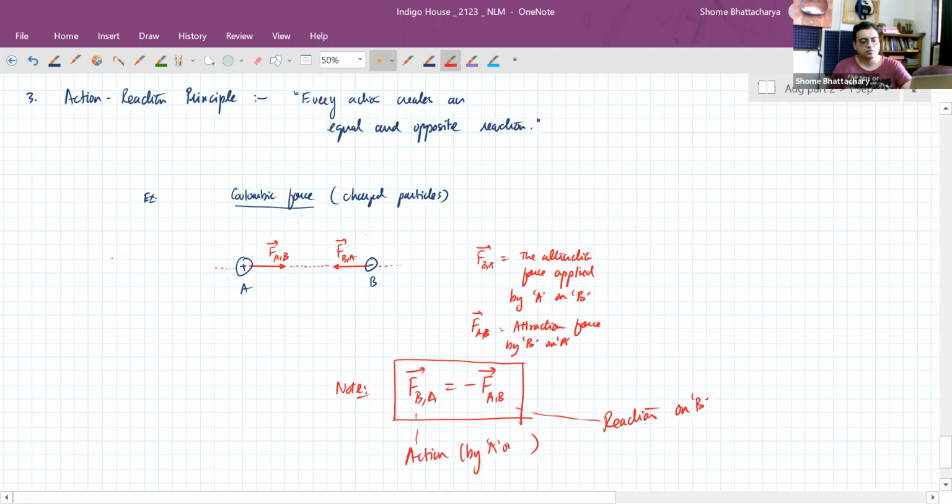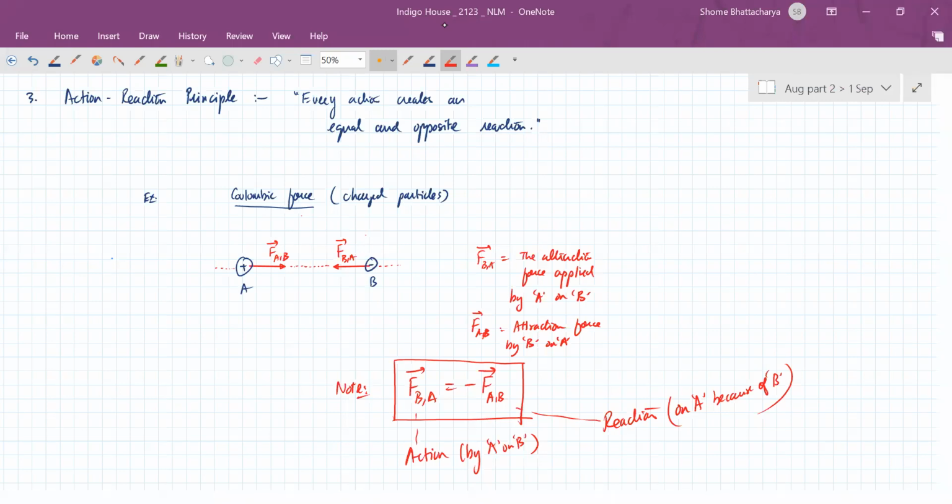By A on B. So this is the reaction experienced by A because of B. This is the idea. So this is an example of the application of the action-reaction principle in the case of charged particles applying Coulombic force on each other, or applying force according to Coulomb's law. Now we'll see more examples also. Just make a brief note of this first of all.